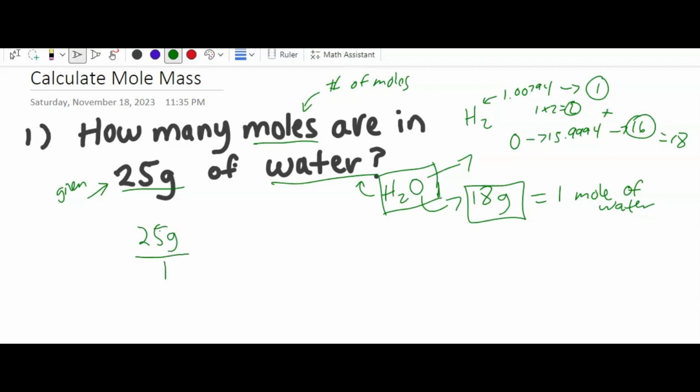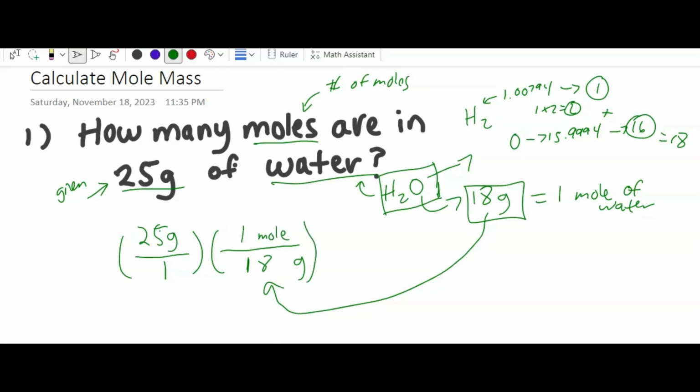Put this all in parentheses, and we want to multiply this by the bottom value, this value right here. We want to have this in grams because then we can cancel everything out. So we already have this 18 here, so let's plug that in, 18 grams. We know that 18 grams is equal to 1 mole of water, so 1 mole goes up here. You see these values are equal. And then we can just multiply this out.